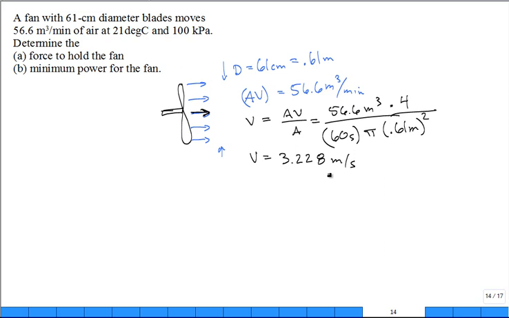Now, a fan draws in relatively quiescent, non-moving air and makes it move. That's what a fan does. So we want to draw a control volume that reflects that.